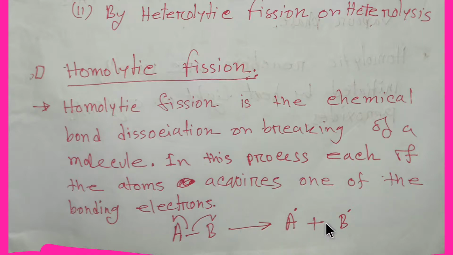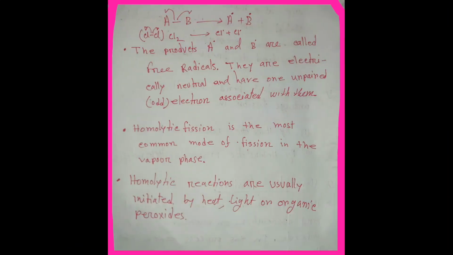That is, homolytic fission is that kind of fission in which every atom related to the bond will take an equal amount of electrons when the bond is broken between them. Okay.